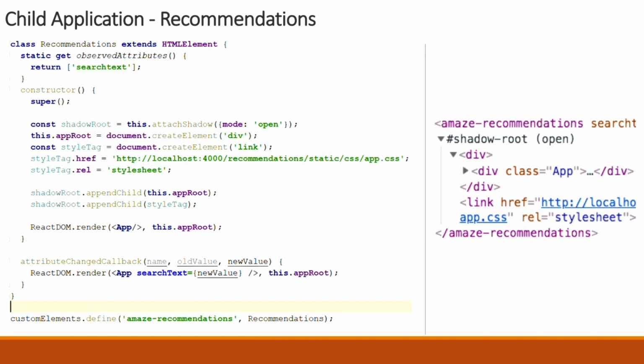And then you are appending the app root. So the app is here. The whole DOM elements are inside. The styles are here. Everything is fully encapsulated and protected. And then you are exposing this as a web component. Custom elements are defined, image recommendation. Once the parent downloads the script and executes it, this tag is available, and then you are free to use it as a regular HTML element.